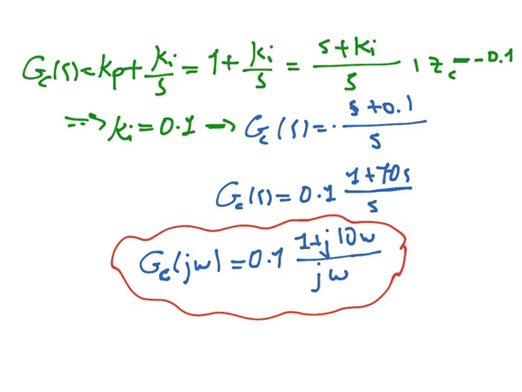Now if you draw the Bode plot for this GC(j omega) and then draw the Bode plot for GC(j omega) times GP(j omega), you will see that all the requirements are already satisfied.